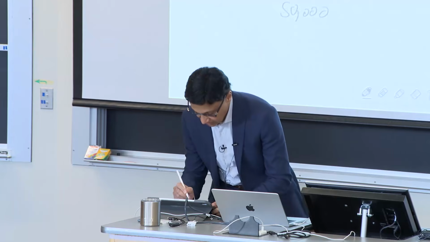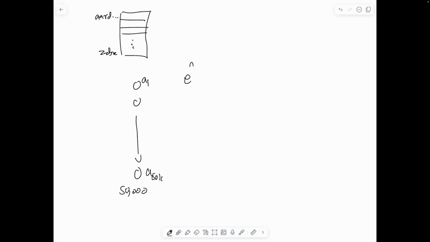And what did it do? It basically did e raised to A1, e raised to A2, all the way to e raised to A_n, and then divided it by the sum of all these things to get the probabilities. So this number became e raised to A1 divided by the sum of all the e raised to A's. So e raised to A1 divided by e raised to A1 plus e raised to A2 and so on and so forth. This is how softmax works.